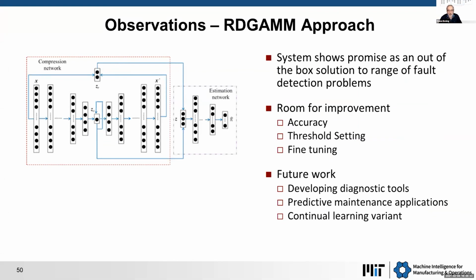We thought a relatively common approach, this RDGAMM, that's common or shared for many different applications, did fairly well. But I would say the approach still leaves room for future work. There's definitely room for improvement.